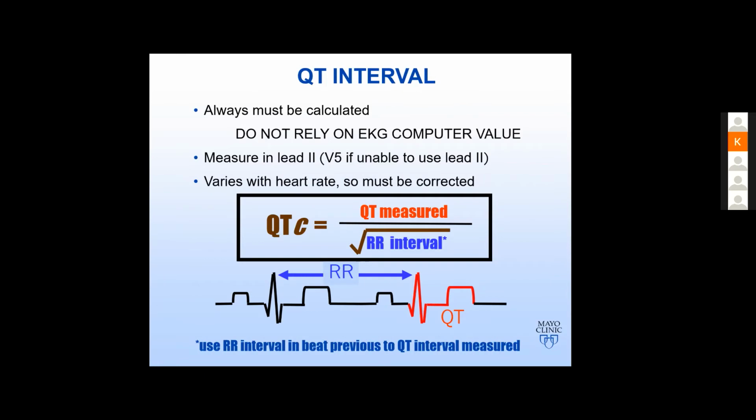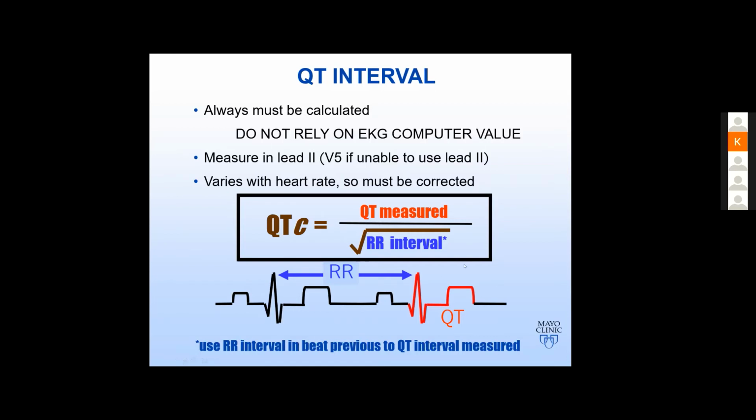So all the standards are based on lead 2, but you can use lead V5 or even lead V6 to determine that. I would not use the mid-precordial leads or V1, V2, V3 because there's so much myocardium that's there. You'll see funny looking T waves, you'll see prolongation. So do not measure it in V3 or V4. You should measure it in either lead 2 or V5.